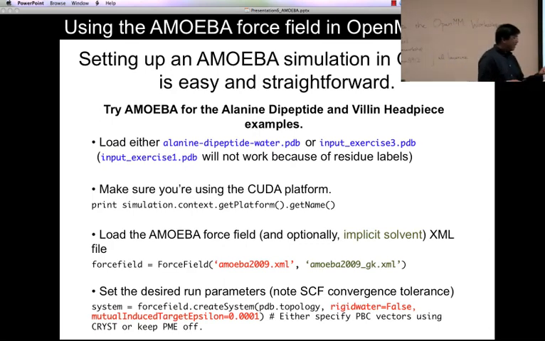If you really want very tight convergence, you set this to like 10 to the minus 6. If you want to be really sloppy, you can set it to 10 to the minus 2. And also, you want to make sure that you're using the CUDA platform. I realize that not everybody is running OpenMM on systems with NVIDIA graphics cards, but unfortunately, the only full implementation of AMOEBA is on the CUDA platform right now.